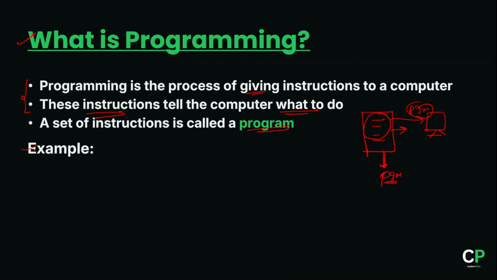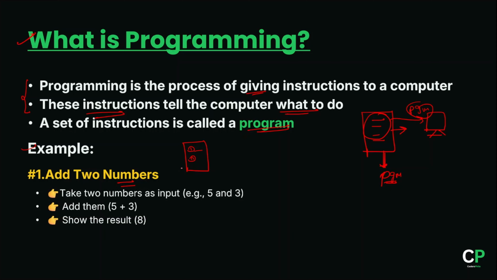Let's say an example. Consider we want to give the instruction to a computer to add two numbers. First we will write the instruction: first take the two numbers as input, second add them, and third show the result. We will write this instruction in a file and give it to a computer to perform.